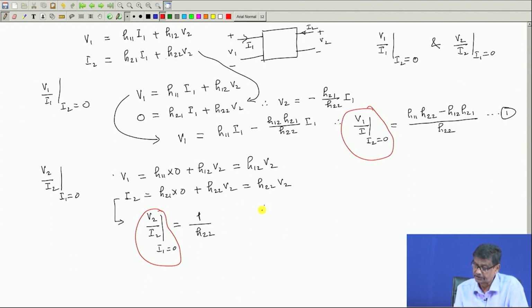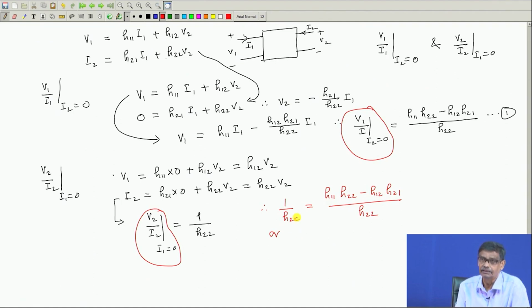Therefore, the condition is 1 over H 2 2 is equal to (H 1 1 H 2 2 minus H 1 2 H 2 1) divided by H 2 2. This H 2 2 cancels out, provided it is not equal to 0. I mean H 2 2 cannot be 0.